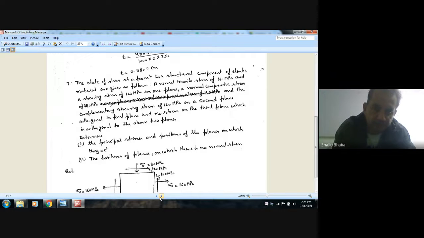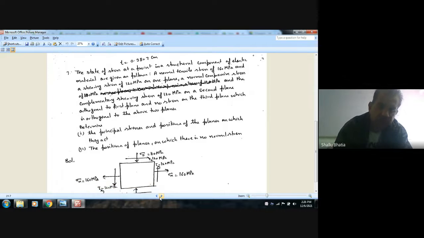No stress on the third plane, which is orthogonal to above two planes. Determine the principal stresses and direction of the principal stresses on which they act, and the position of the planes on which there is no normal stress.